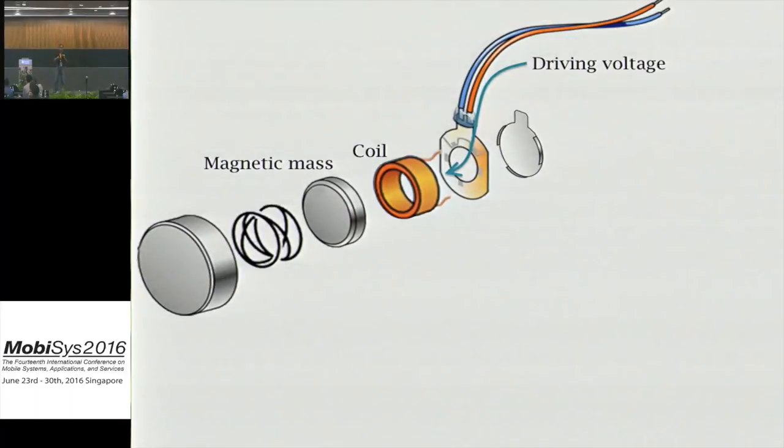Okay? So if you drive AC current, the frequency and the magnitude of that current modulate the motion of that magnetic mass, and therefore you can programmably control that magnetic mass and thereby your vibration motor.